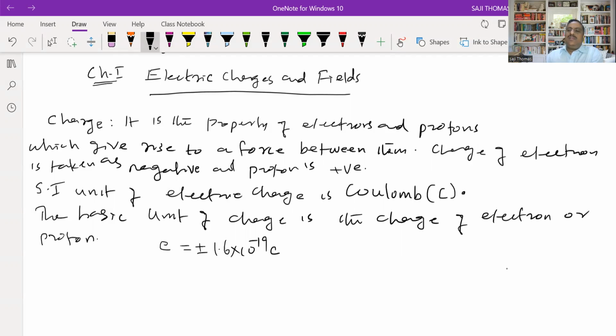This is the charge of electron or proton. Charge of electron is minus 1.6 into 10 raised to minus 19 coulomb. Charge of proton is plus 1.6 into 10 raised to minus 19 coulomb.